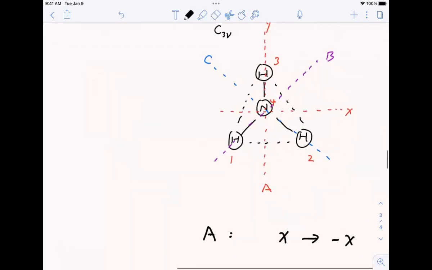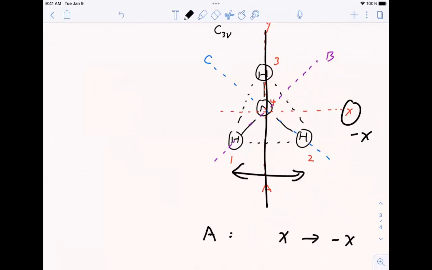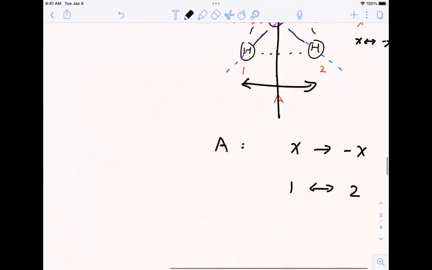If you make a reflection here, x will become negative x. This 1 and 2 will exchange, and 3 and 4 remain the same. So this is what it means.